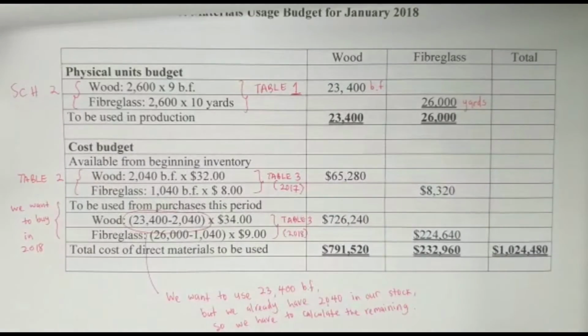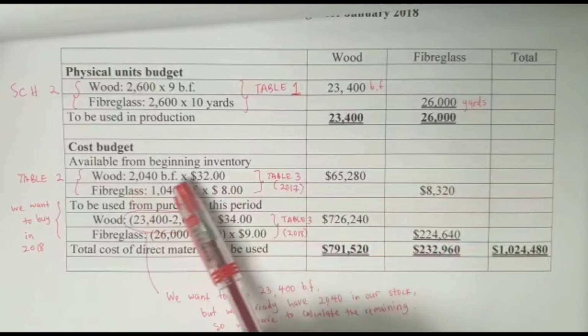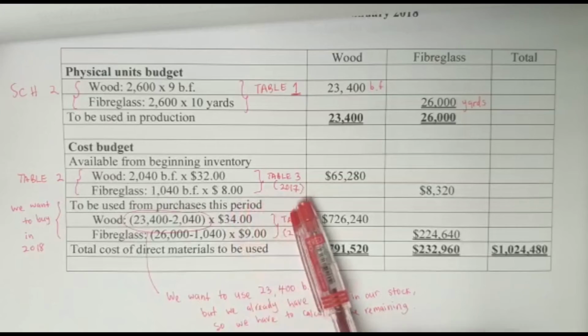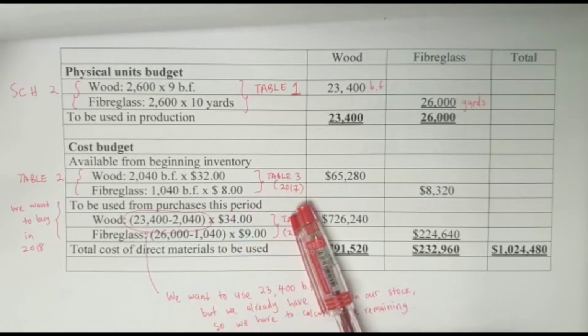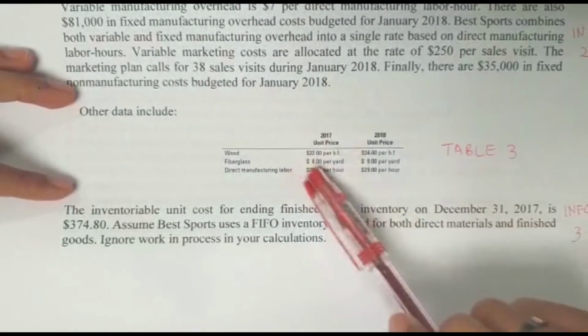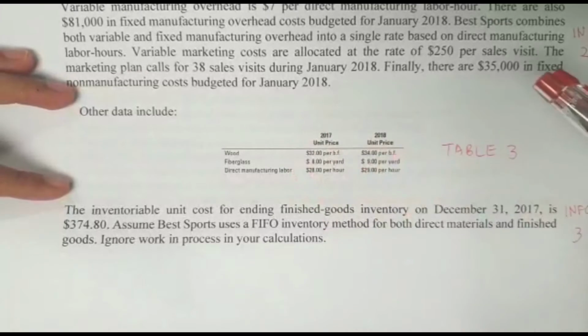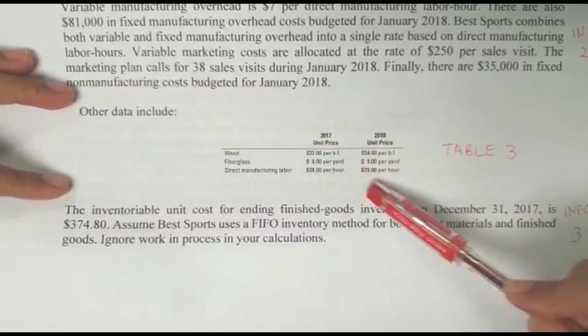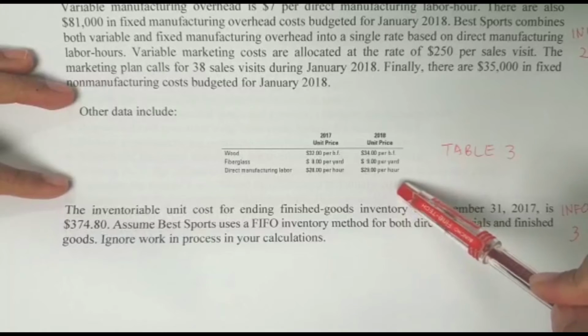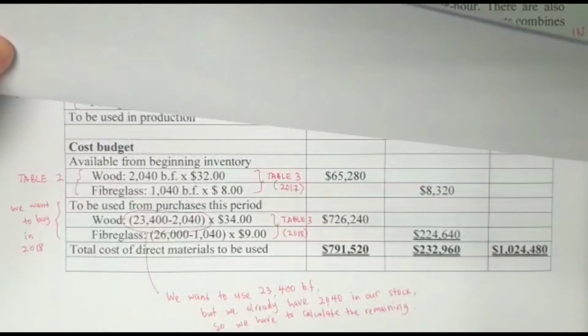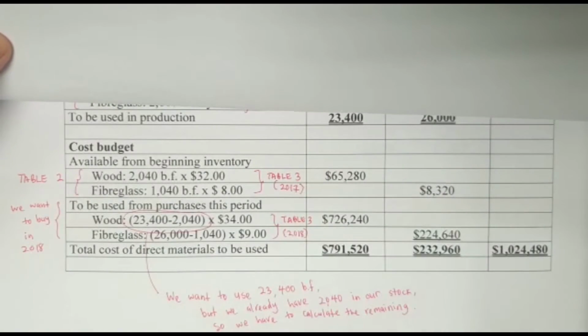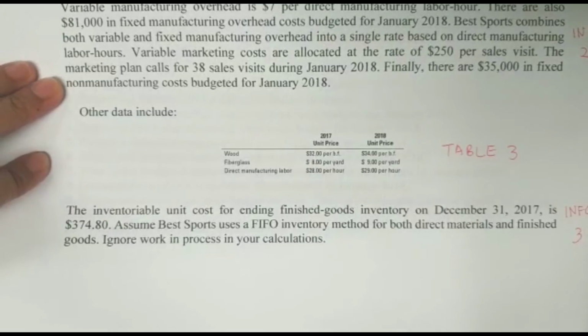You have to be careful because we have 2017 information as well as 2018 information, so it might be a little confusing. You have to be very selective and extremely careful.